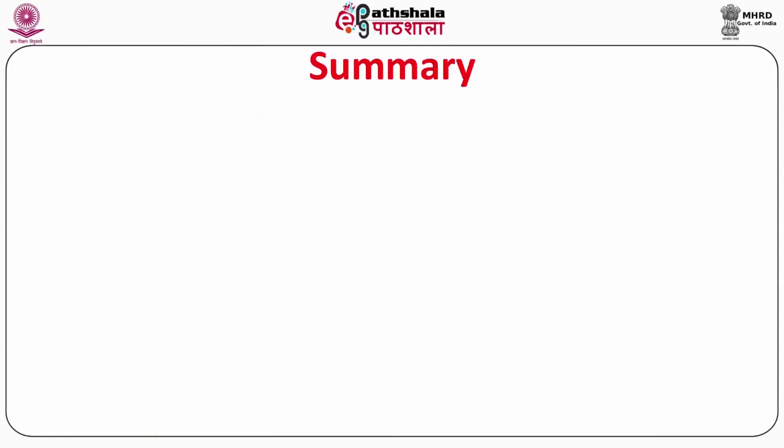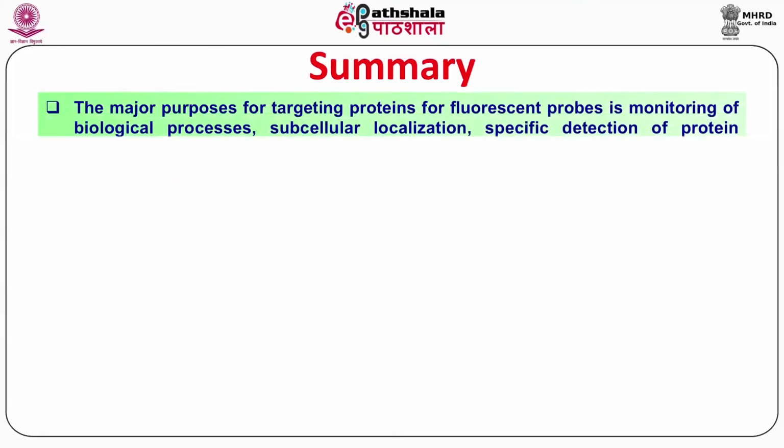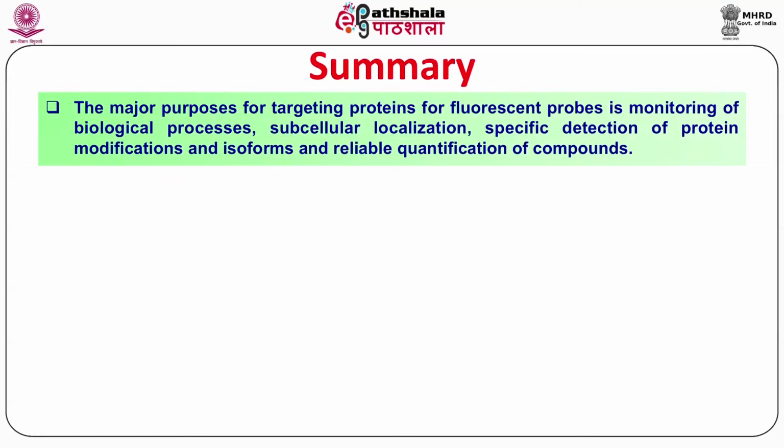So now let's summarize what we have discussed in this module. The major purpose of targeting protein for fluorescent probes is monitoring of biological processes, subcellular localization, specific detection of protein modifications and isoforms, and reliable quantitation of compounds.